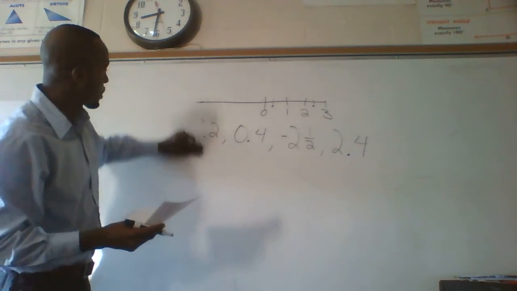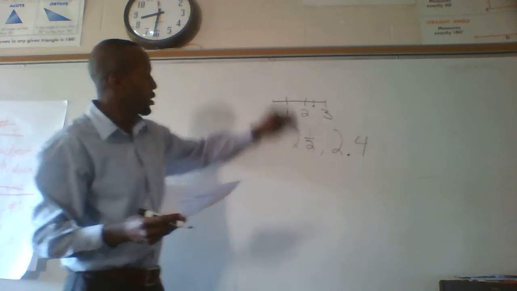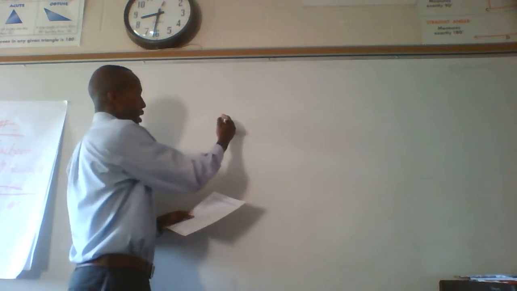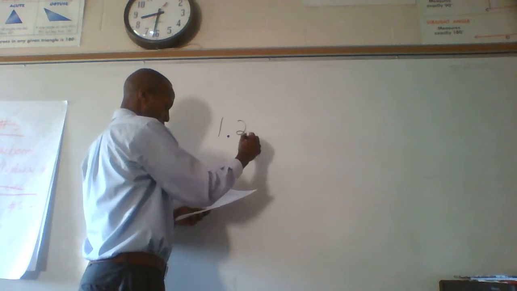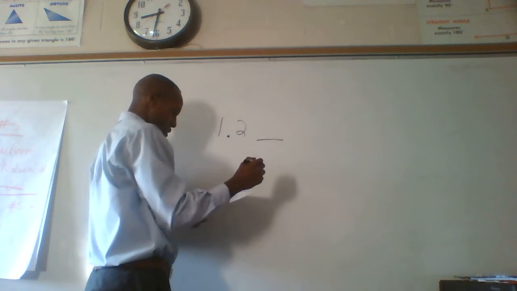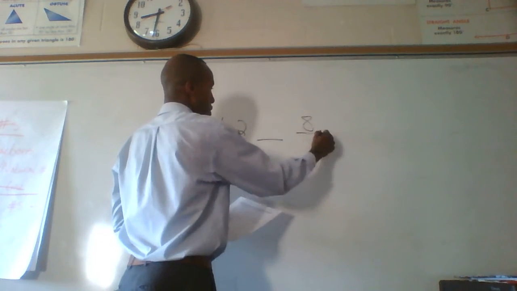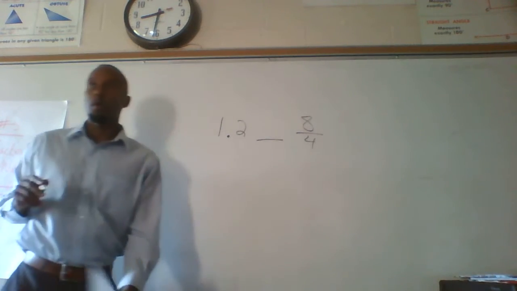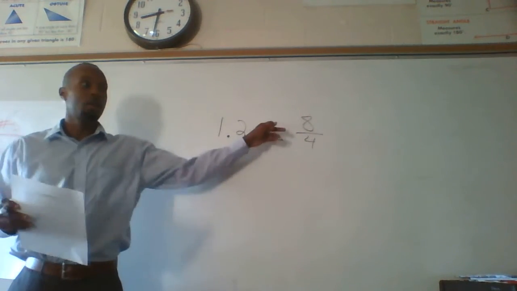Okay, so now we're going to do our inequalities. So let's say 1.2 is less than, greater than, or equal to 8 over 4. So what should go here?